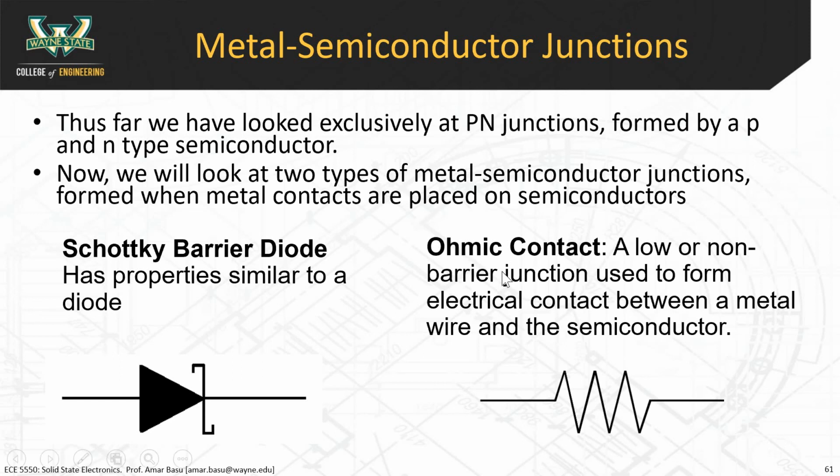If you want to make a nice contact to the semiconductor, you want an ohmic contact. But sometimes if you don't design it properly, you may end up getting a Schottky barrier, which will have diode-like properties instead of an ohmic contact. And in some cases, you actually intentionally design a Schottky barrier diode because you want diode-like properties.